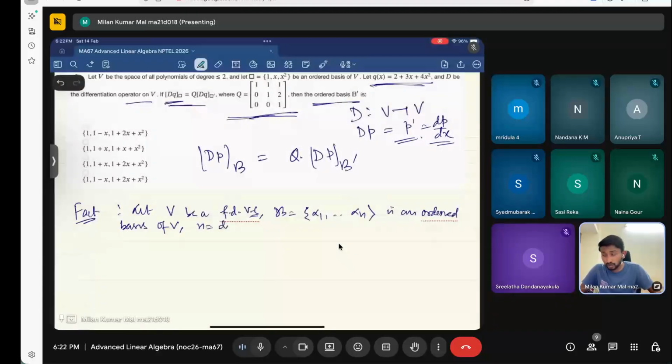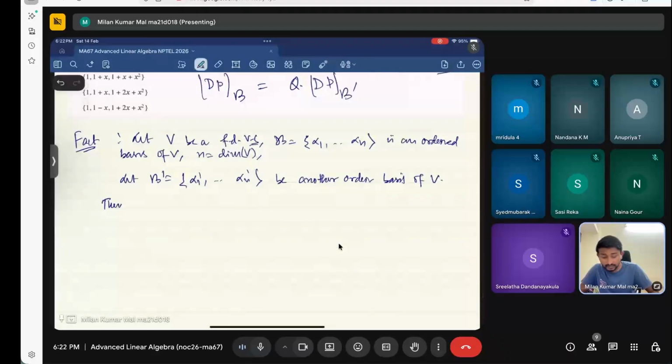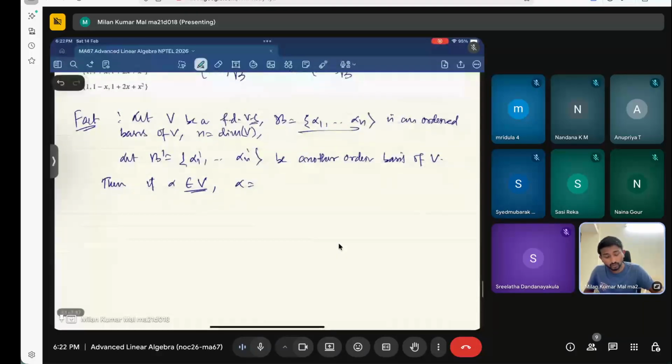Now let beta dash equals alpha 1 dash all the way to alpha n dash be another ordered basis of V. If alpha is a general vector in V, then as we know this is a basis, so alpha can be written as a linear combination of the alpha i, i equals 1 to n.